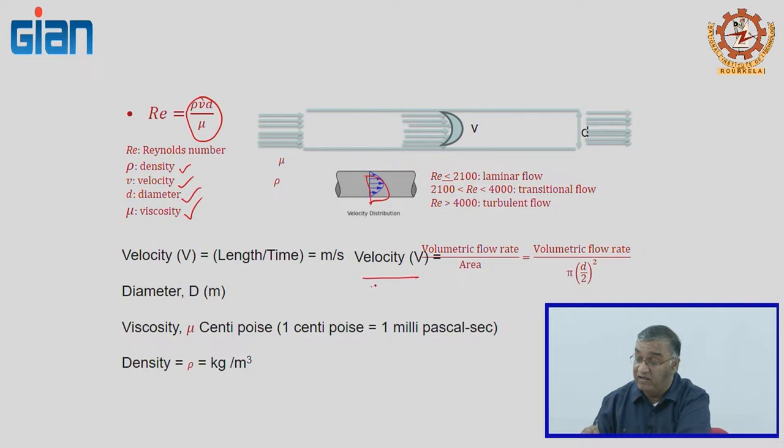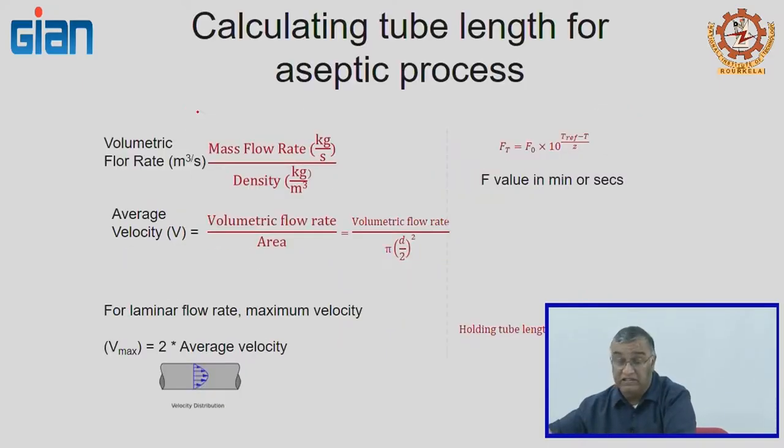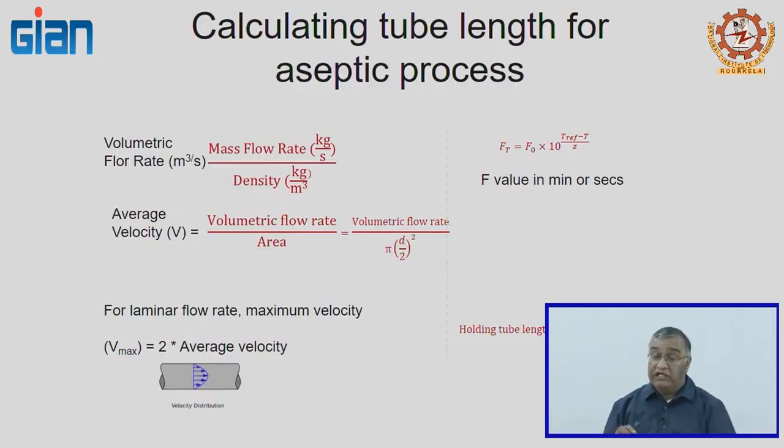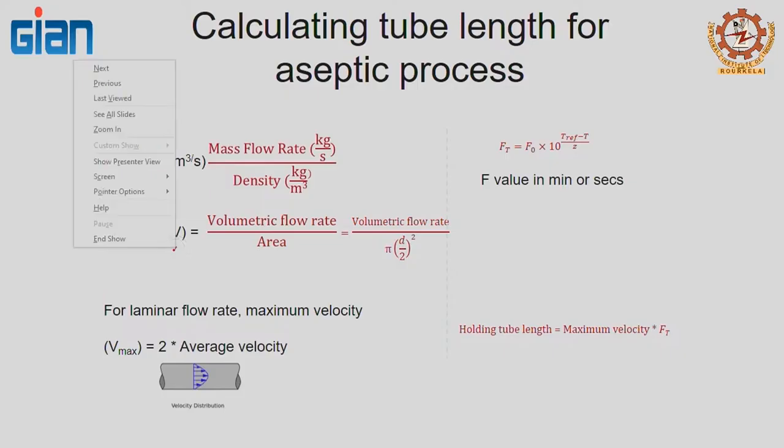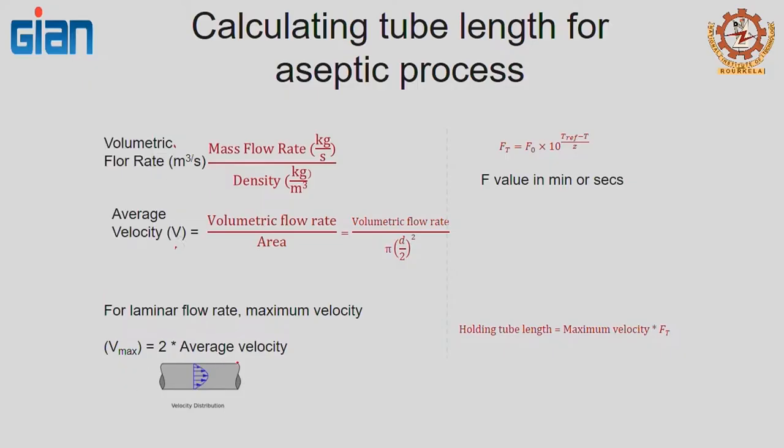Again, for velocity, you calculate the volumetric flow rate divided by area, and you also need to look at some of these Reynolds numbers and other calculations. Once you know your volumetric rate, you calculate the average velocity. From the average velocity, you find the maximum velocity, which is 2 times the average velocity.